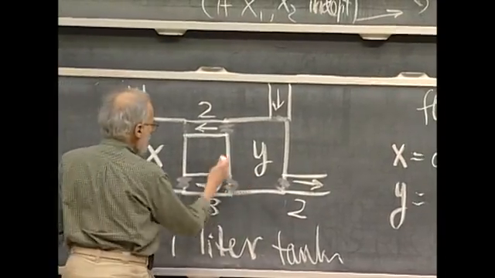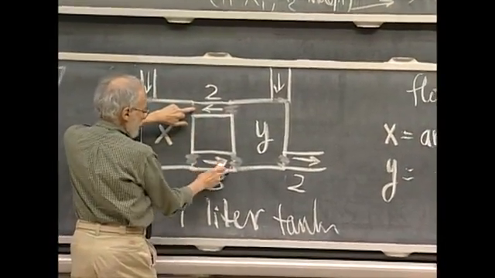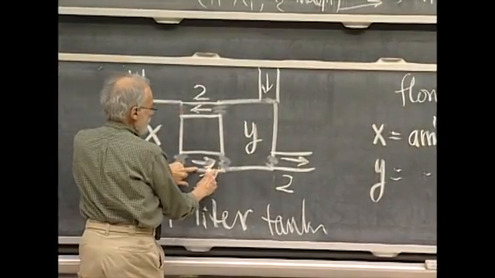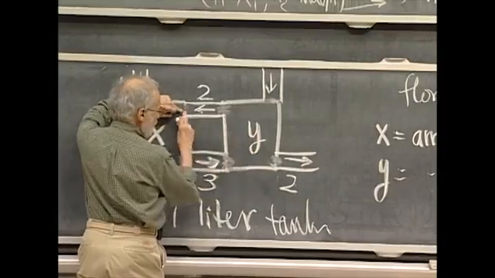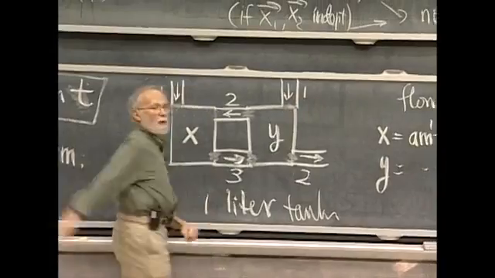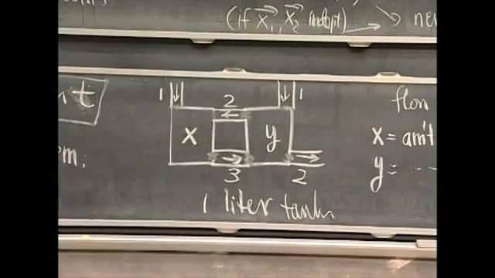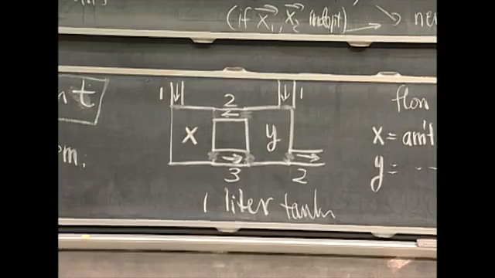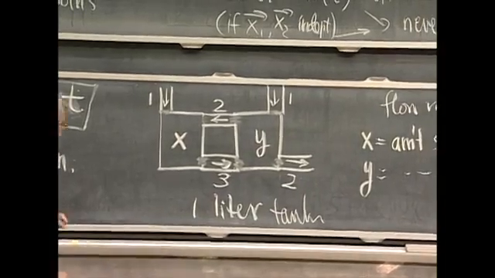And how about Y? 2 going, 3 coming in. So how much is going out? 2 there and 2 here. 4 is going out, 3 is coming in, so this also has to be 1. Those are just the flow rates of the liquid that's coming in.